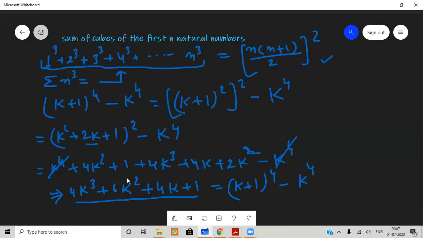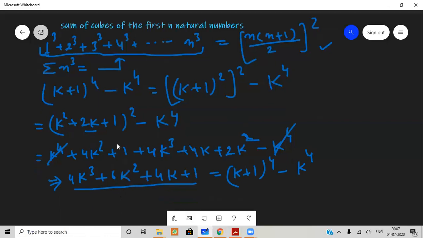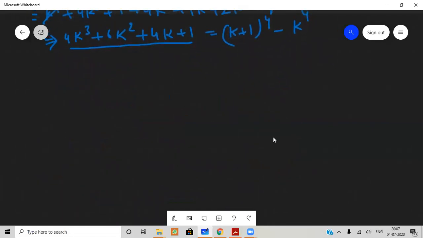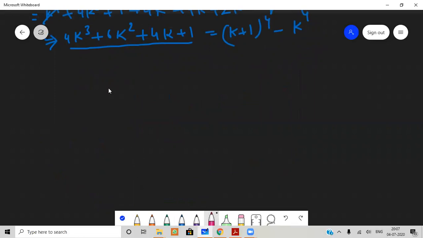So we will put k equal to 1, 2, 3 and up to n. Let's say this is equation 1. In this equation, what do we get?